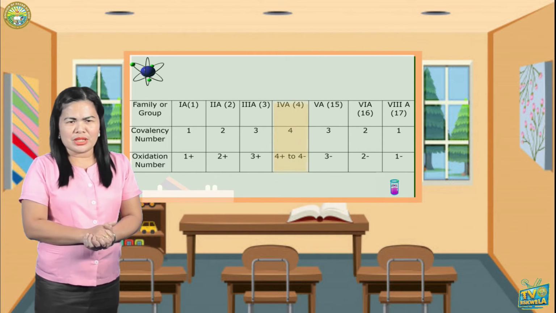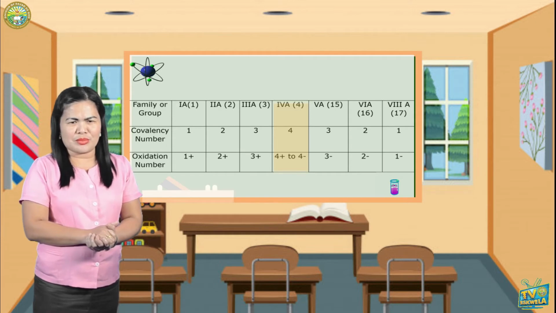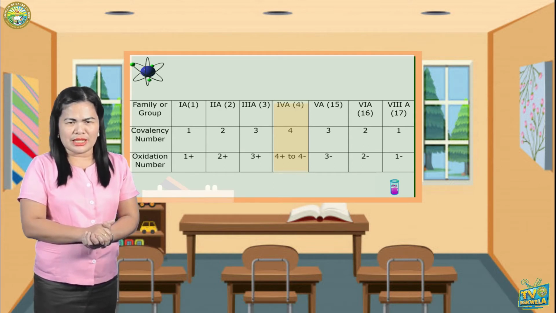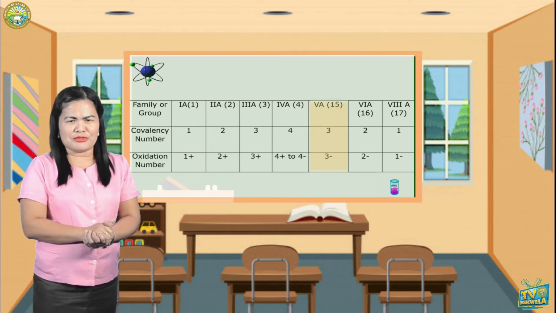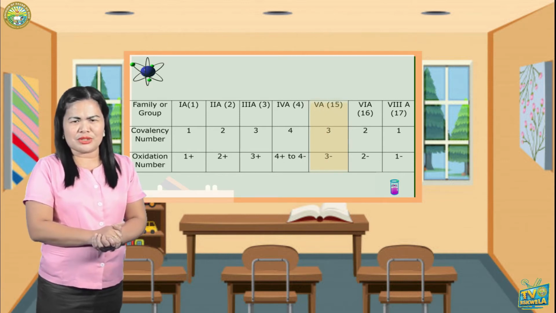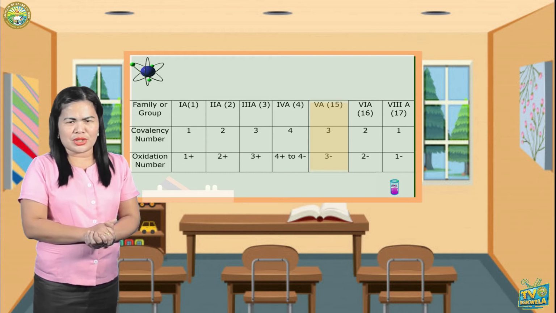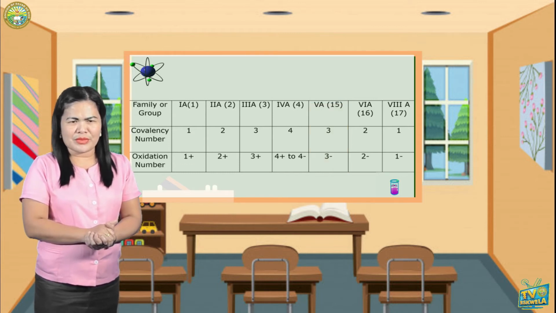Family or group 4A or 4 has the covalency number of 4 and oxidation number of positive 4 to negative 4. Family or group 5A or 15 has the covalency number of 3 and oxidation number of negative 3.